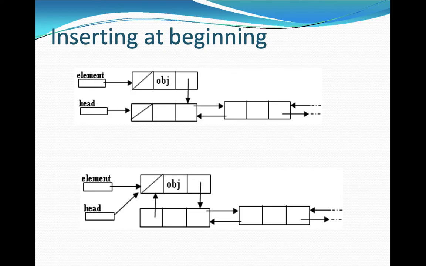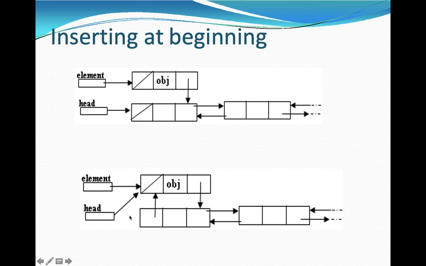So now if you want to insert at the beginning, what do you have to do? So this is the common process, right? The head will point to the new node, New.